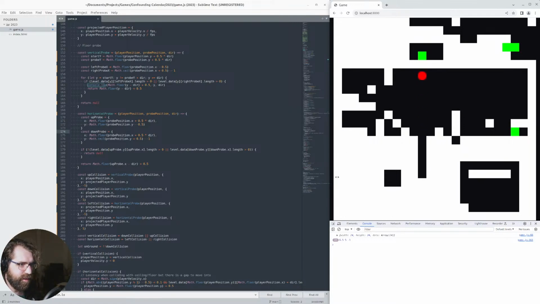So this is projecting forwards. It must be detecting a thing there. But that's not actually above me. Yeah, that's the issue. Oh, that is horrible. Oh no. So what's happening is it's submitting this as the probe location and then iterating upwards until it hits a wall.